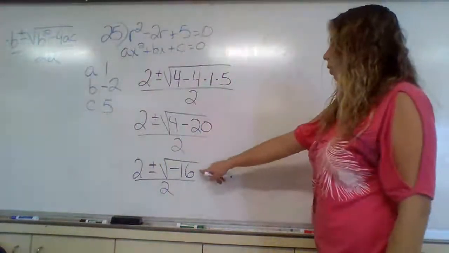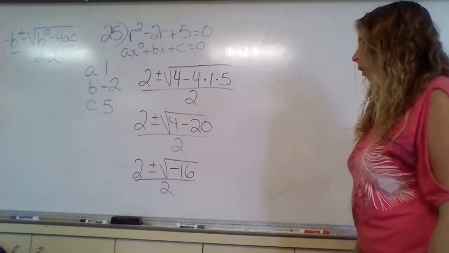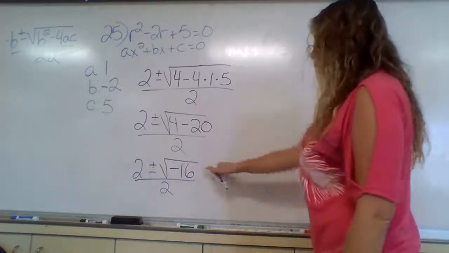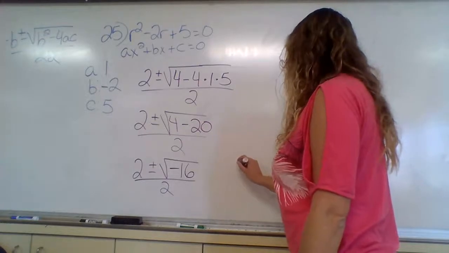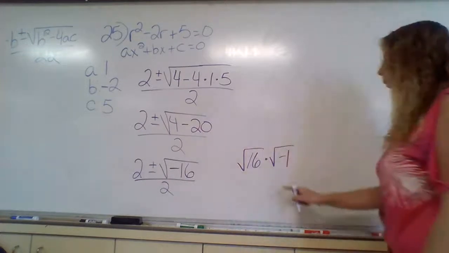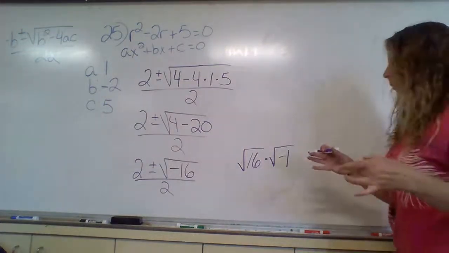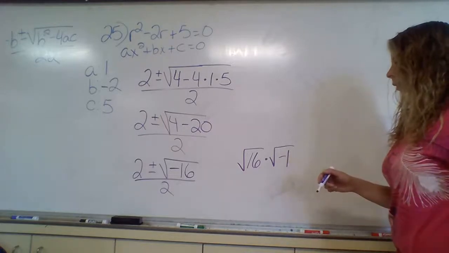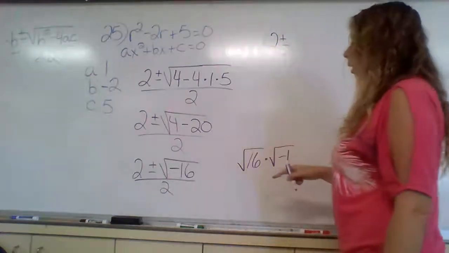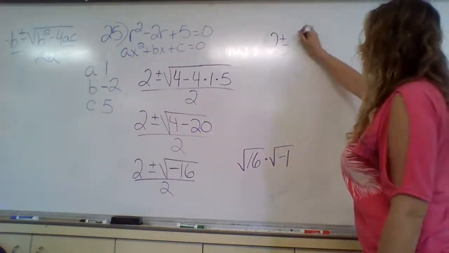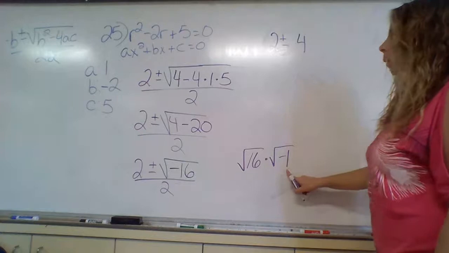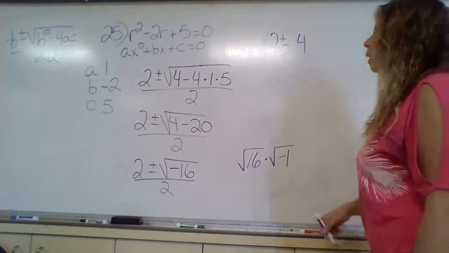So let's reduce our radical. 16 is a perfect square. So remember, you can rewrite the square root of -16 like the square root of 16 times the square root of -1. You can rewrite it like that if you want to pull it apart. So then the square root of 16, so we're going to have 2 plus or minus the square root of 16, 4, and then the square root of -1, which is equal to i.